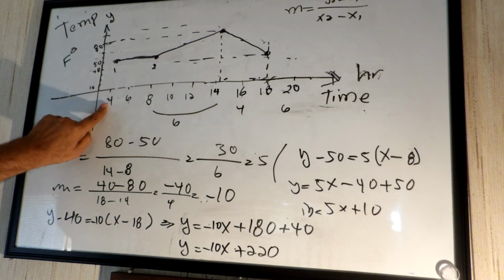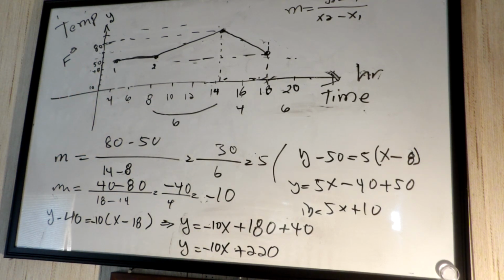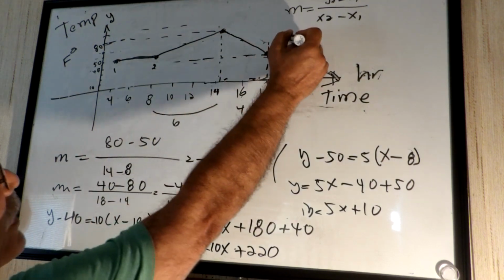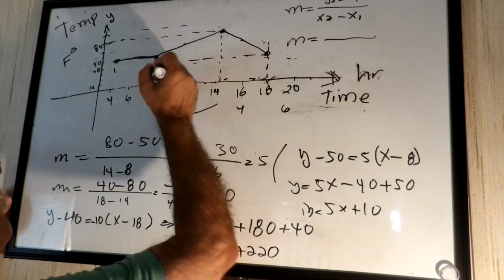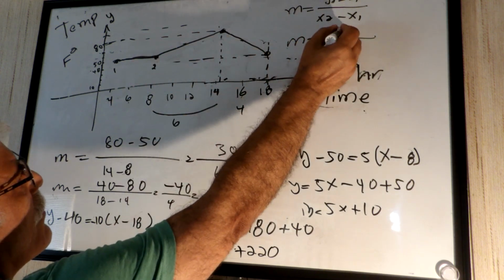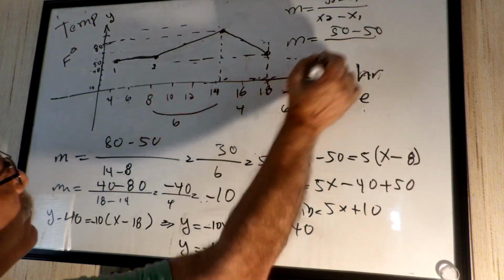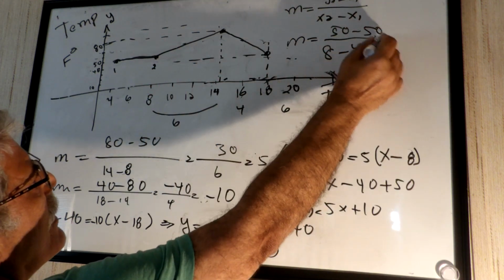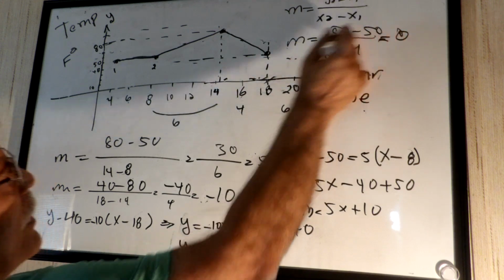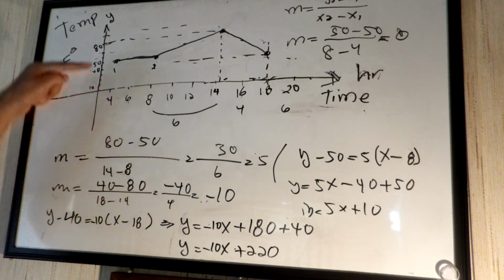At point 1, at 4 o'clock, we still have 50 degrees Fahrenheit. So we find m. y2 is 50, minus y1, the same 50, over x2, 8 minus 4. The numerator is 0. The slope is 0. It's just a straight line.